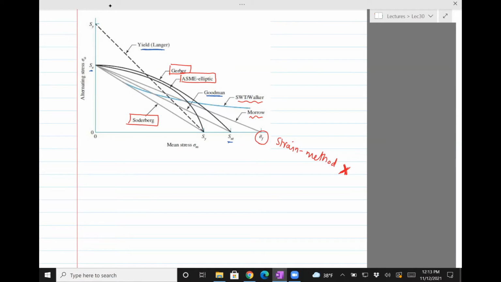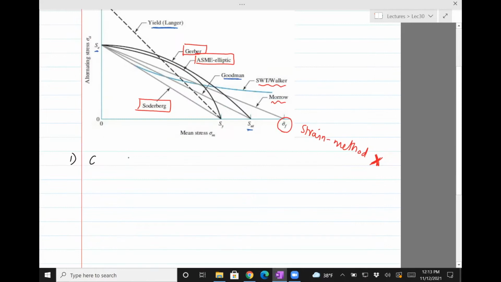Okay, so let's review all these criteria for predicting infinite life. And I'll just review Goodman again. I'm just going to put the equations down so it's all handy in one place. So the Goodman line, as you see, connects SE to SUT.